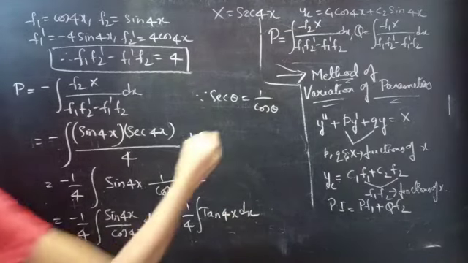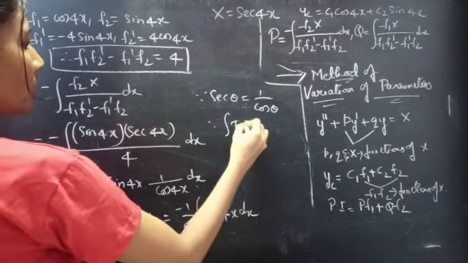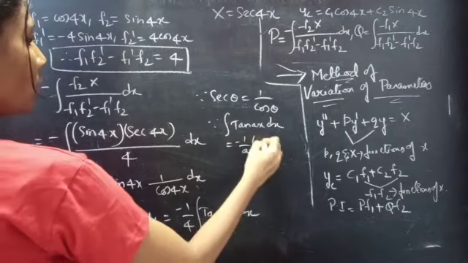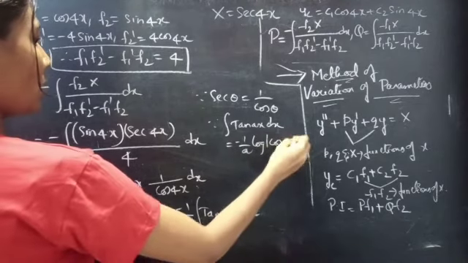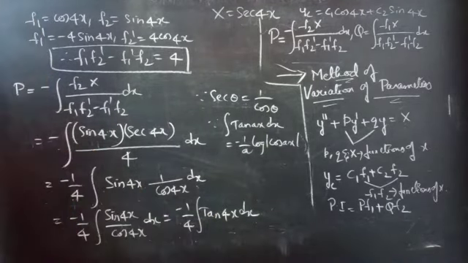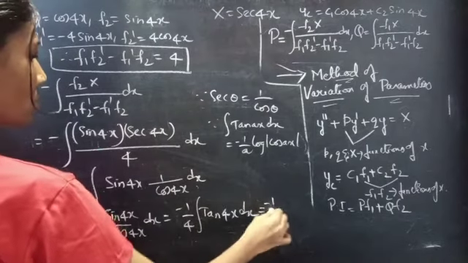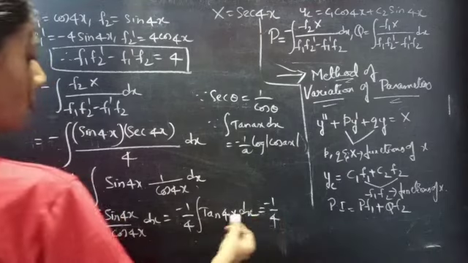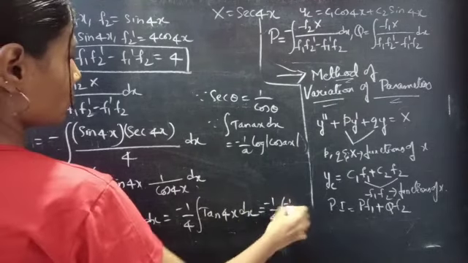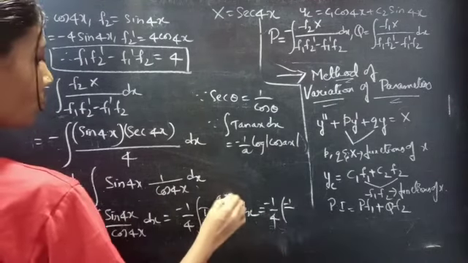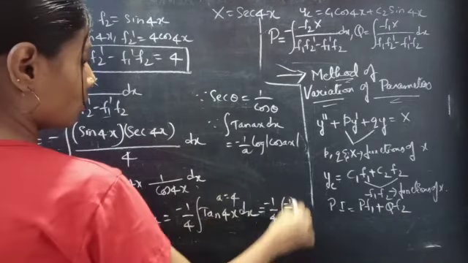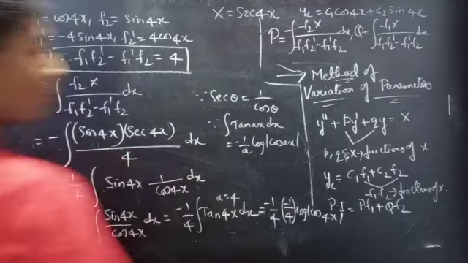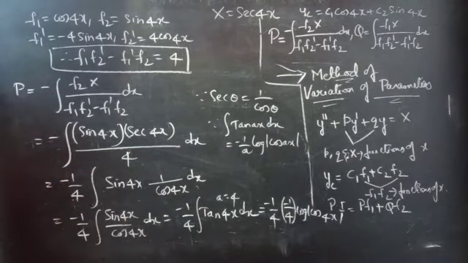We know that integral tan ax dx equals minus 1 by a log mod cos ax. Then integral tan 4x dx is minus 1 by a, for a equals 4, into log mod cos 4x, right?